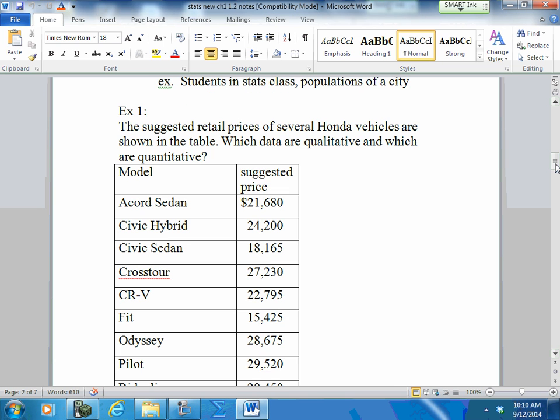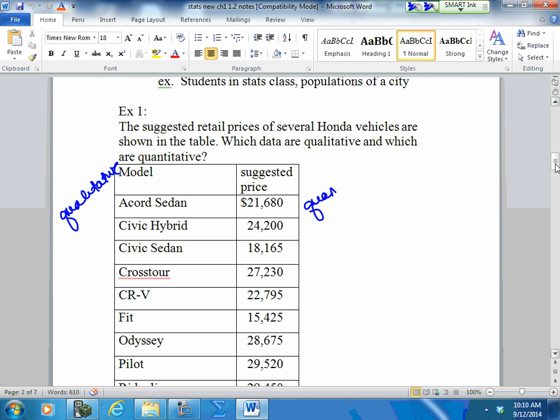All right. So in this example, where they list the models and the suggested retail price, which column is qualitative? The model. This is qualitative. There's no measurements. And then this one would be what?